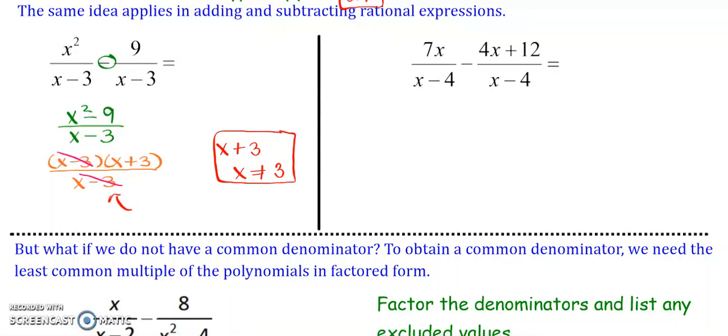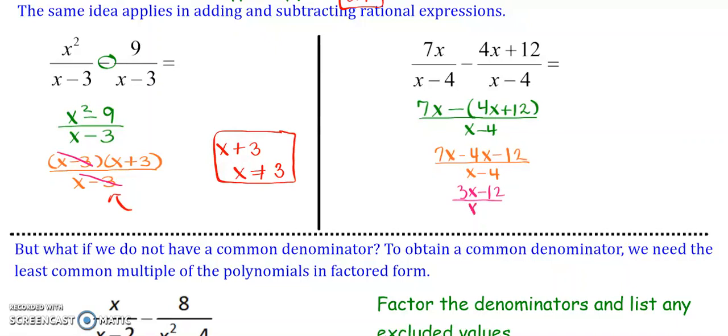So let's try this one over here. Now with this one, be careful because it says 7x minus. We have to distribute that negative to both pieces in that parentheses. So we have 7x minus 4x minus 12 over x minus 4. Combining like terms, we get 3x minus 12 over x minus 4.